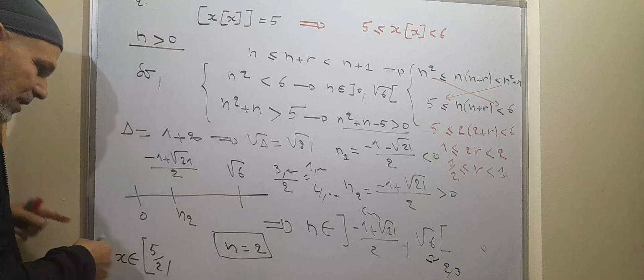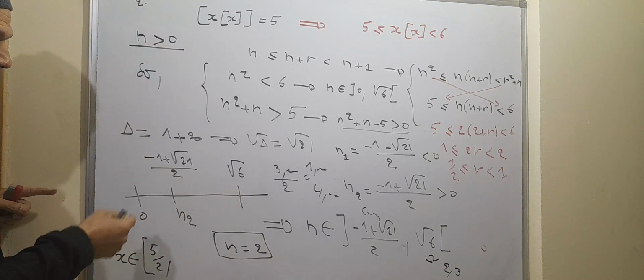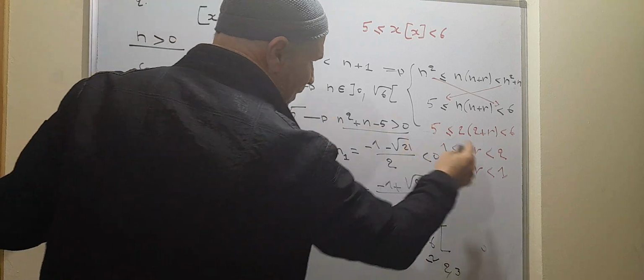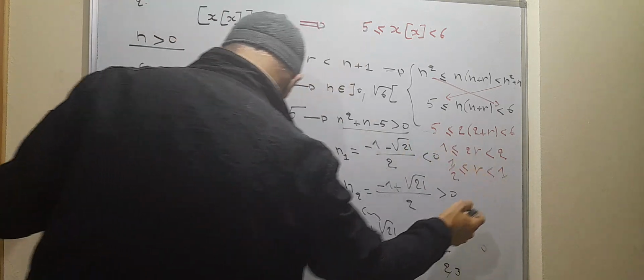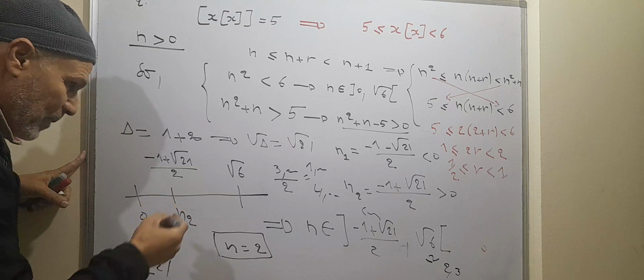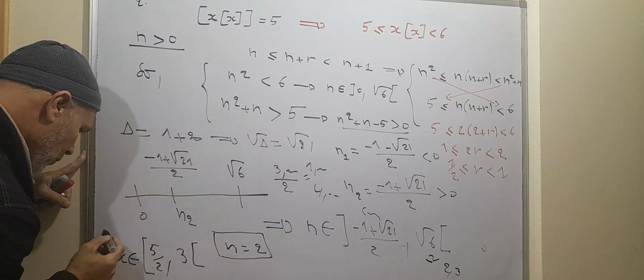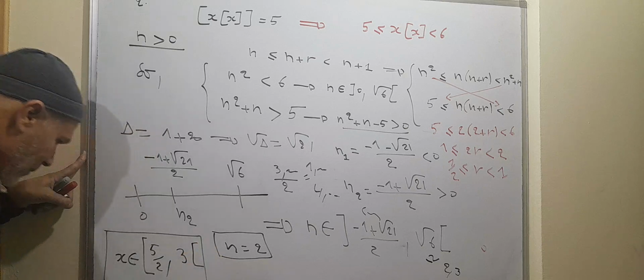This is the lowest value, and the greatest value is 1 plus 2, which is 3. So once again we find the same result.